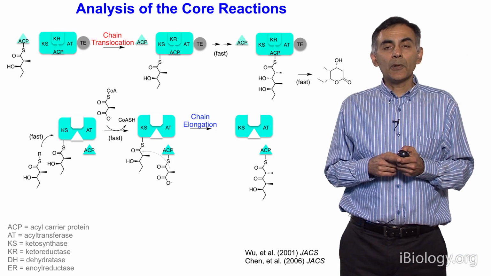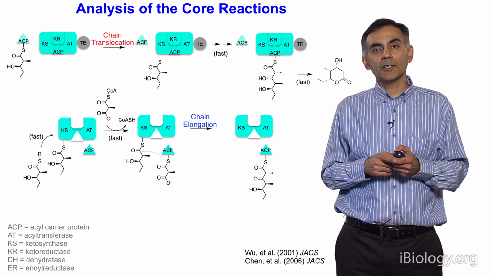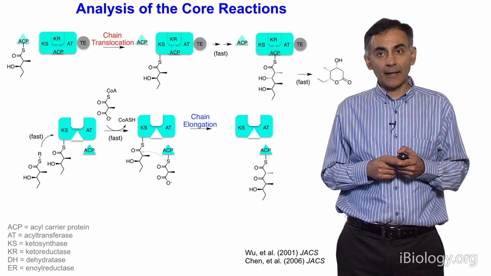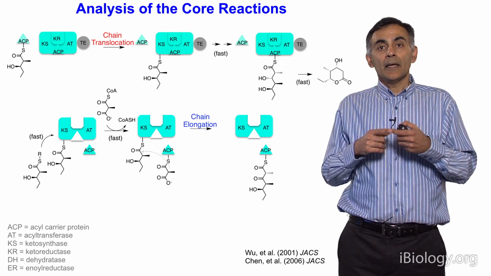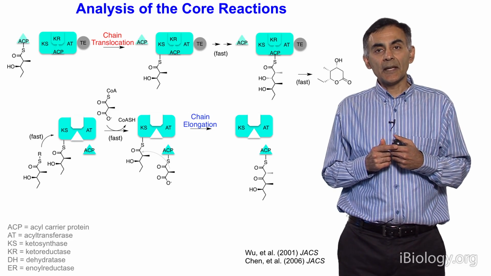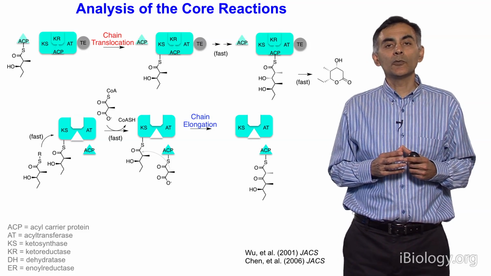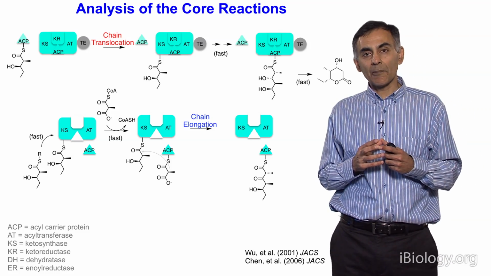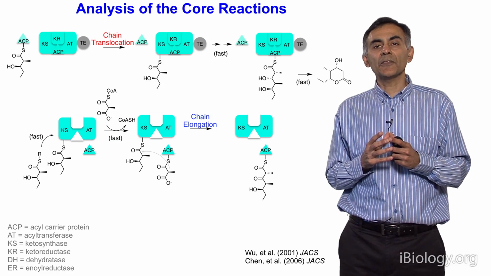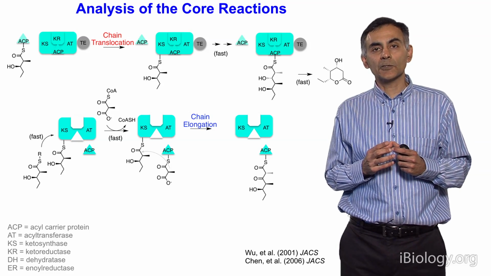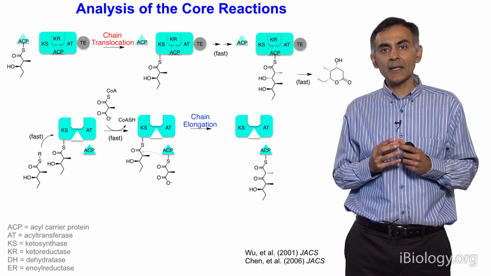The same approach can also be used to kinetically isolate the chain elongation event that I introduced you to in the earlier lecture. So when we want to study chain elongation, what we do is we take the module whose elongation biochemistry we want to study, and we prepare just the keto synthase together with the acyl transferase from that module as one protein.